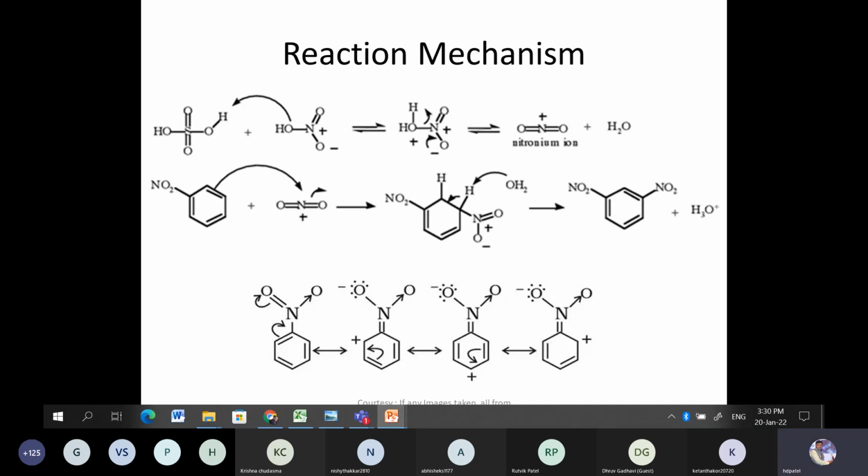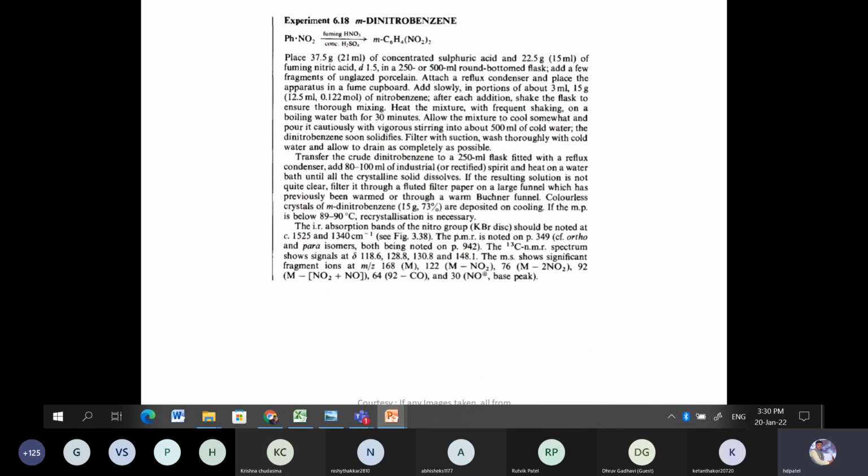Now, once the reaction is completed, meaning you have a solid form of your product, then you have to go for filtration. When we go for the filtration, as we know, the product is in solid form, so we have to collect the solid, and after that we have to purify our crude product. Now, why is purification required?